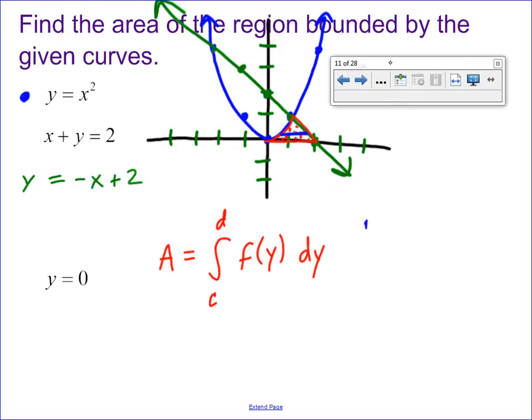And I can keep f of y positive by solving my right curve for x equals, with y's in it, minus my left boundary curve, solved for x with y's in it, and that'll ensure that it stays positive.